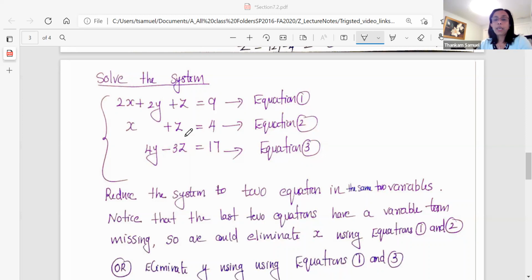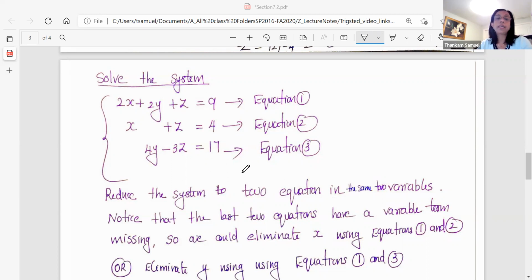The second equation has the variable y term missing, and the third equation has the variable x term missing. In order to solve this system, we need to reduce the system to two equations in the same two variables.